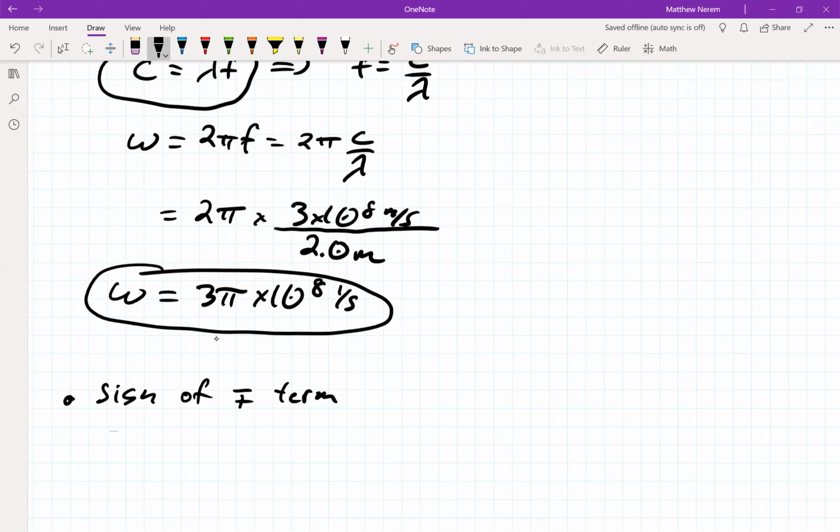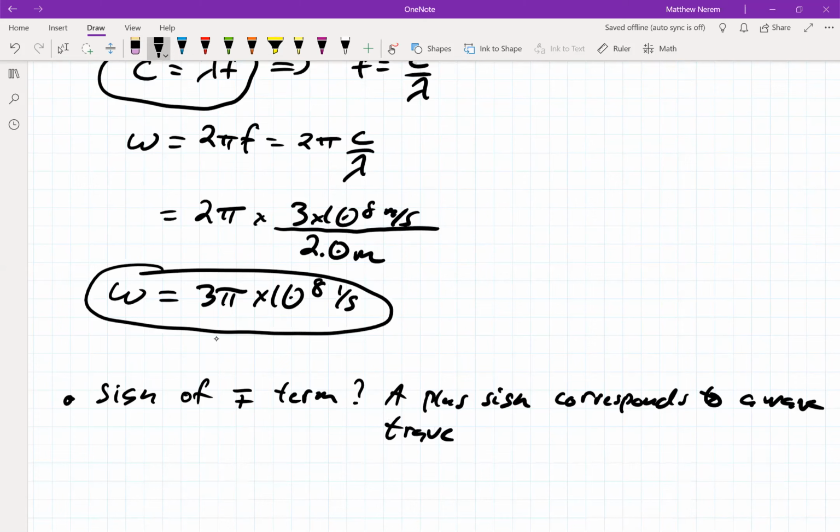Go back to the lectures where I did the plots of, do you minus or add to shift the plot of the function? I'll just tell you now, a plus sign corresponds to a wave traveling in the negative direction.